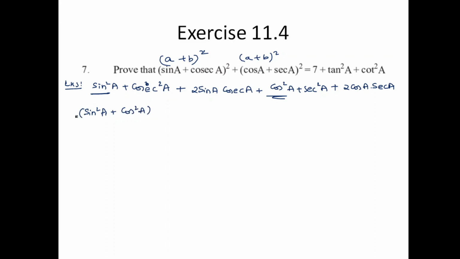Also I am grouping cosec square A plus secant square A. Okay. So this is grouped up to here. Now plus 2 times of sine A into cosec A, I can write this cosec A as 1 by sine A.